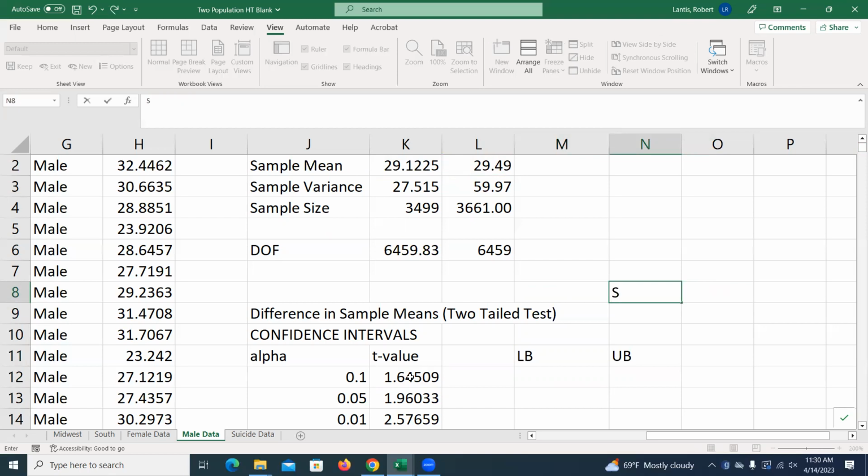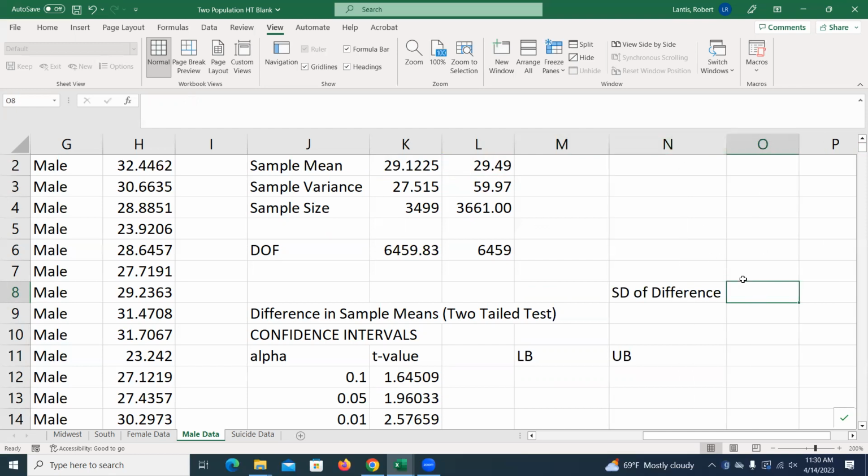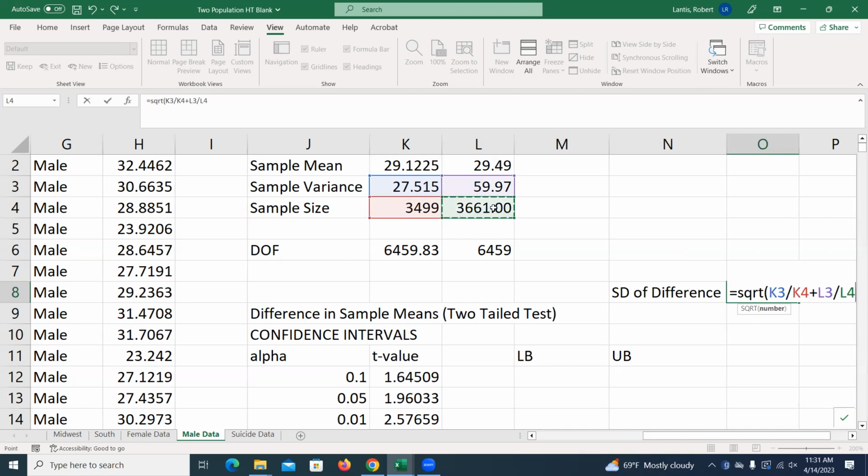So if I want the standard deviation for the difference in my sample means, I can use that in my confidence interval equation and my test statistic. So I'm going to calculate that in another cell to make my life a little bit easier. That standard deviation of the difference in my sample means is just the square root of each group's sample variance divided by that group's sample size, right?